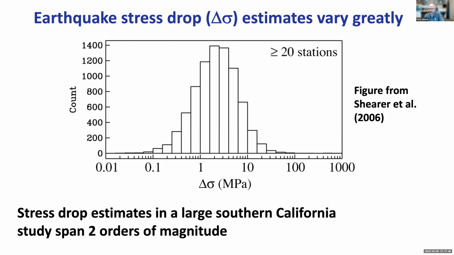And this sort of highlights that stress drops vary a lot. There's a lot of scatter, even if you plot on a log scale like this. So we typically see scatter in the individual event stress drop estimates of about 2 orders of magnitude.